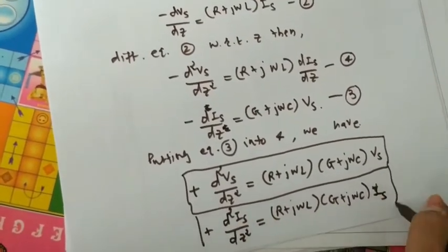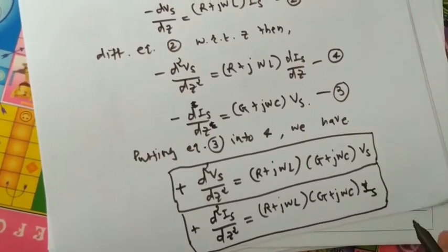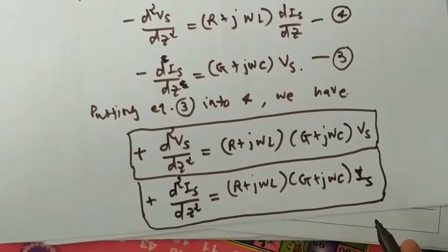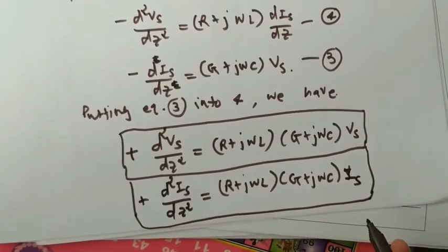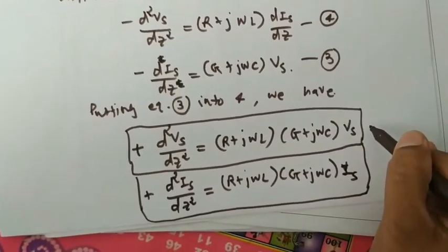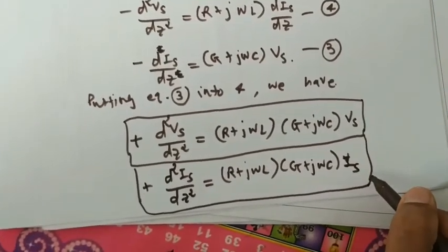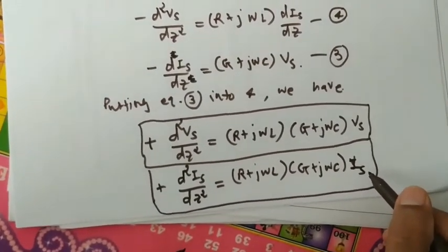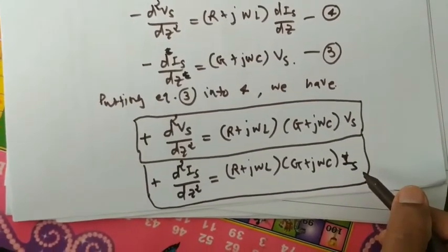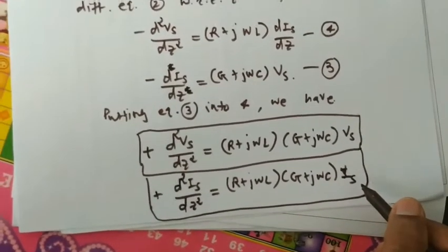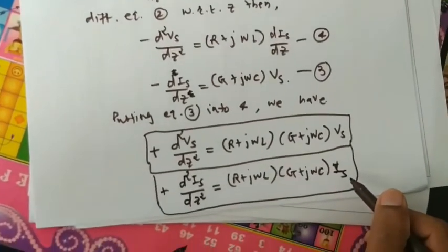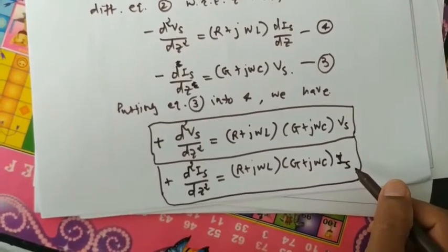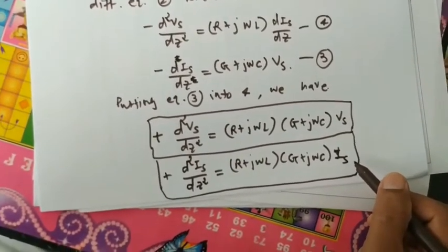So in short, now we have two transmission line equations, one in terms of the voltage and one in terms of the current. So if we have to find out the voltage and current at any point on the line, then either we can use these frequency domain relations, or we can use the time and space equations.